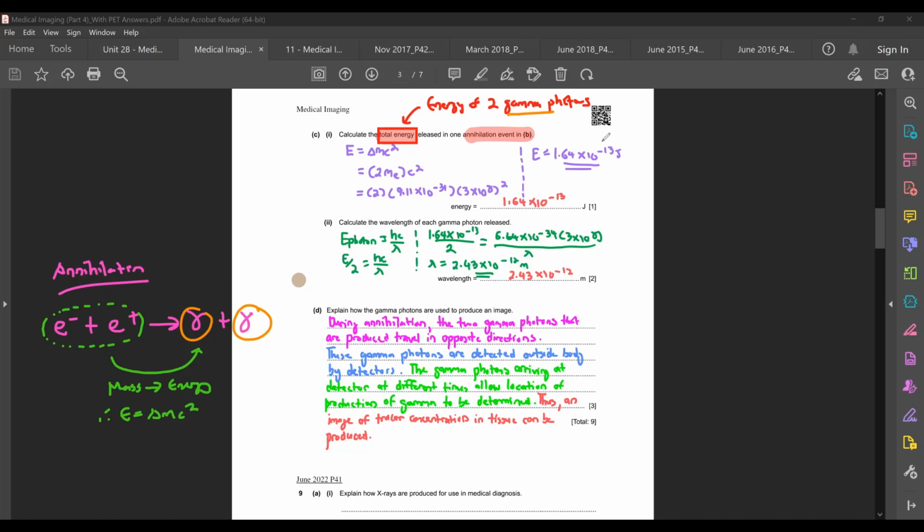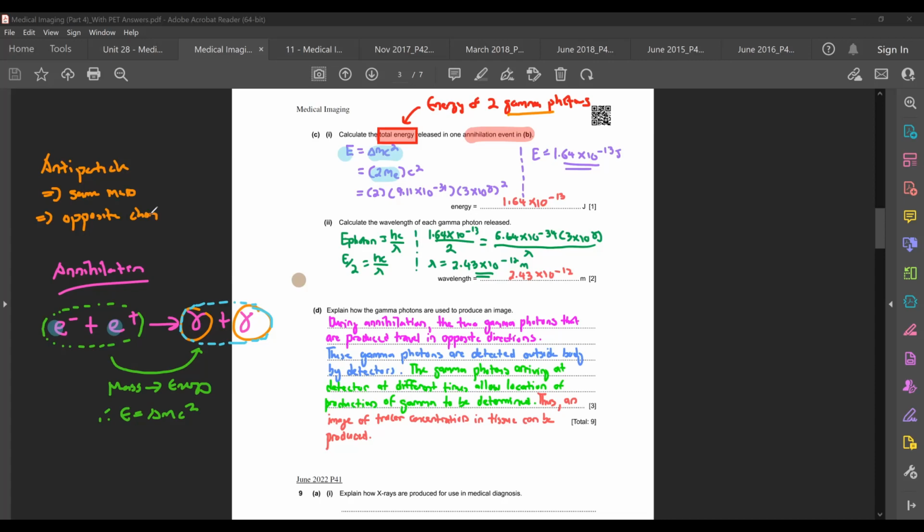They want the total energy, meaning you consider both of these gamma ray photons. So if you use E equals delta m c squared, the mass involved must be the mass of the 2 particles, the electron and your positron. Electron and positron have the same mass, because antiparticles have the same mass but opposite charge only.